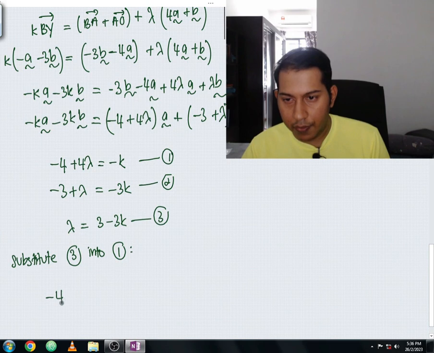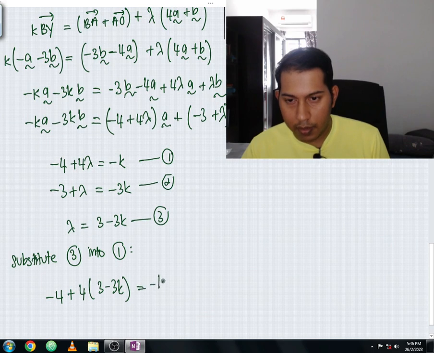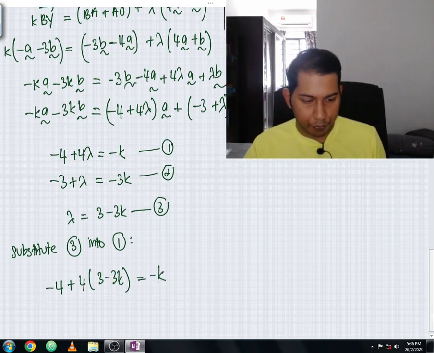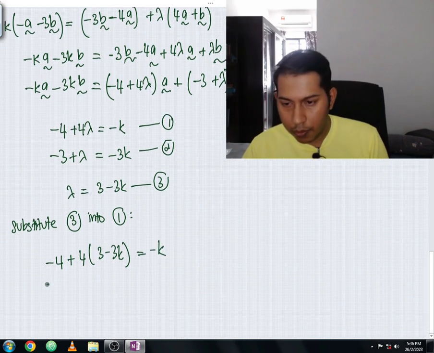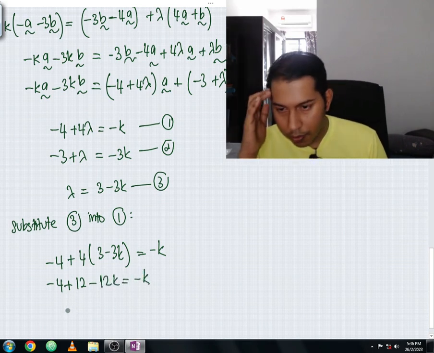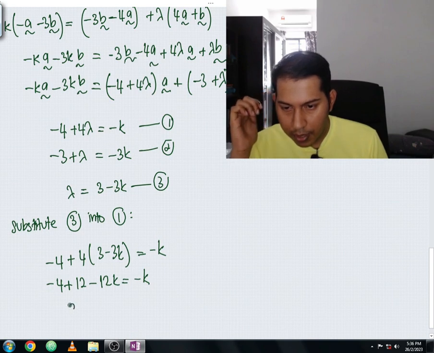So from here, negative 4 plus 4 times 3 minus 3k is equal to negative k. So from here, negative 4 plus 12, minus 4 times negative 3 will be 12k, so equal to negative k. So from here, negative 4 plus 12 you get 8.